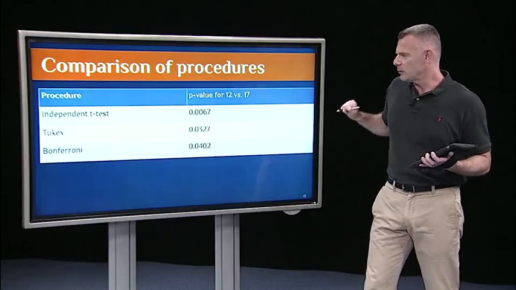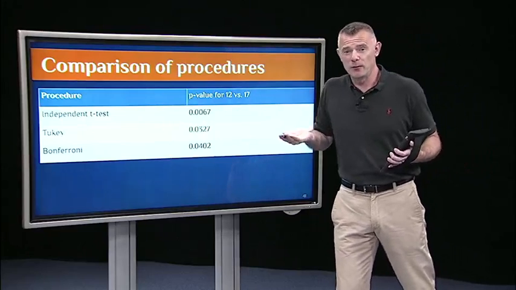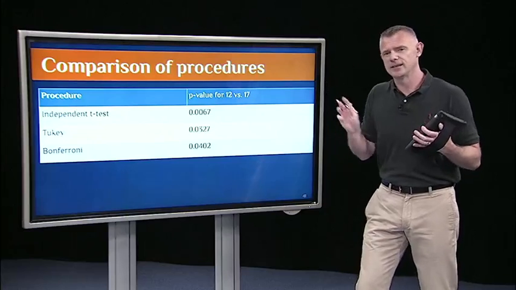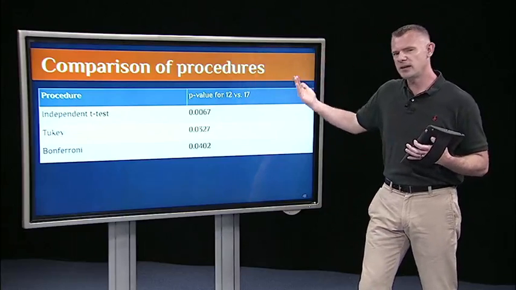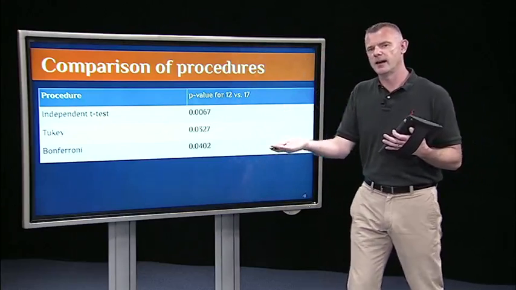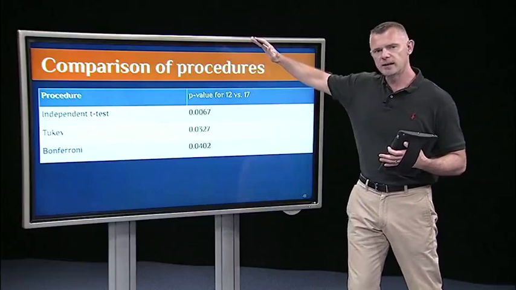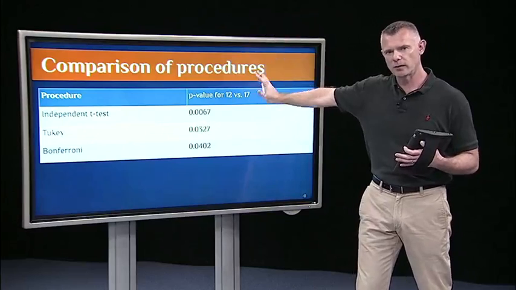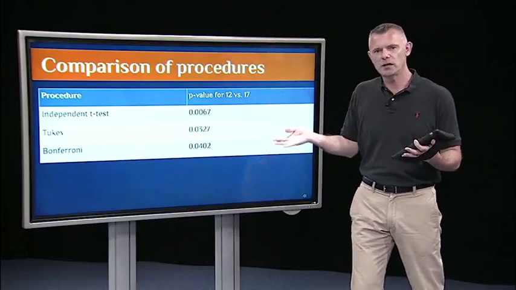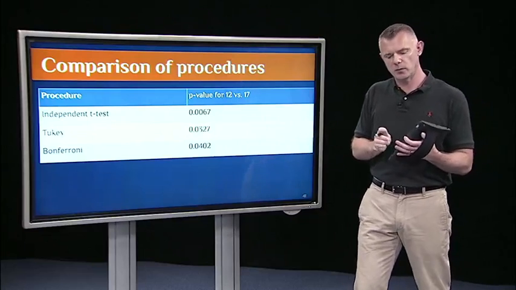The Tukey procedure gives you a value of about 0.03. With Bonferroni, you're up at 0.04. So in all cases, it's still a statistically significant difference, but you see that the p-values change as a function of the procedure that I ran in R. Again, the independent t-test is the most liberal and actually inappropriate in this example. Bonferroni is going to be the most conservative. Tukey is probably a nice happy medium and pretty popular, pretty common.